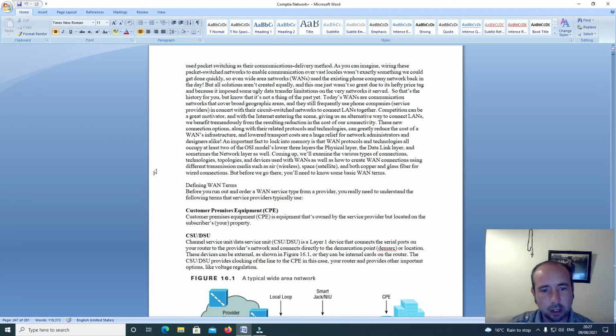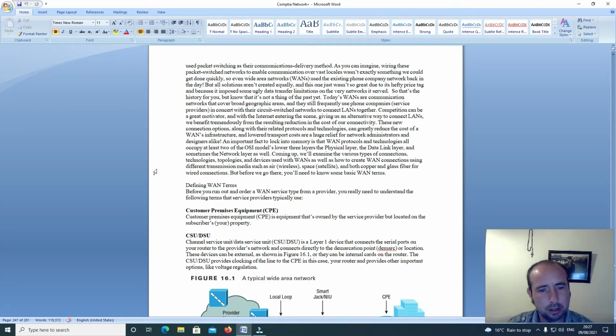Today's WANs are communication networks that cover broad geographic areas, and they still frequently use phone company service providers in concert with their circuit switching networks to connect LANs together. Competition can be a great motivator, and with the internet entering the scene, giving us an alternative way to connect LANs, we benefit tremendously from the resulting reduction in the cost of our connectivity.